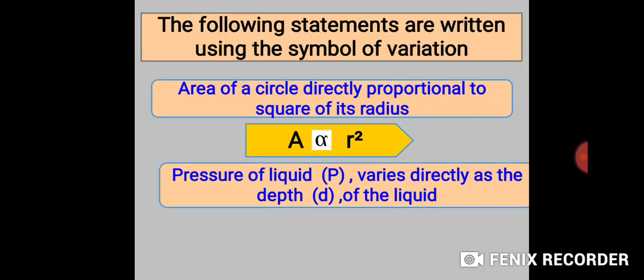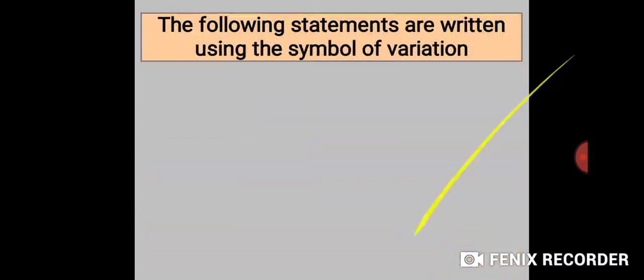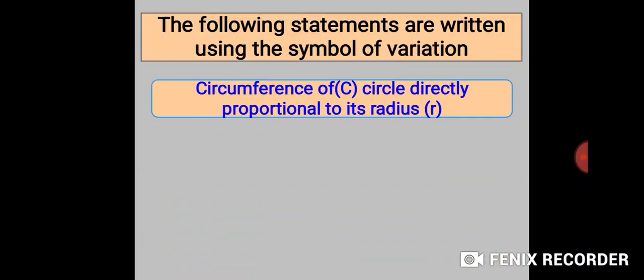Here is another statement: pressure of liquid P varies directly as the depth D of the liquid. In mathematical symbols, it is written as P directly proportional to D. Another statement: circumference of a circle is directly proportional to its radius.